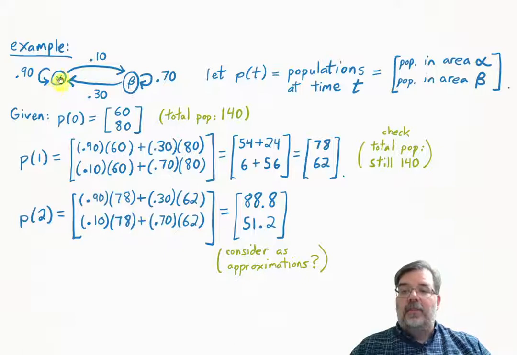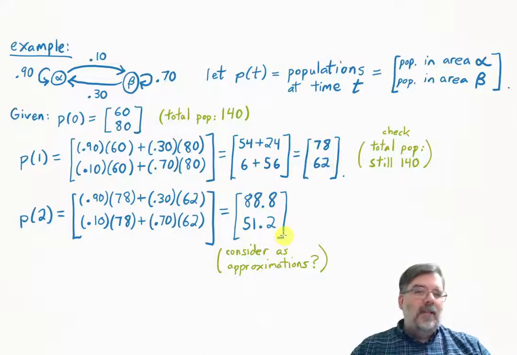So for instance, the population of area alpha at time 2 is going to be 90% of the population at time 1, plus 30% coming over from beta, so 30% of the population from beta at time 1. And then when we add those up, these are the values we get.